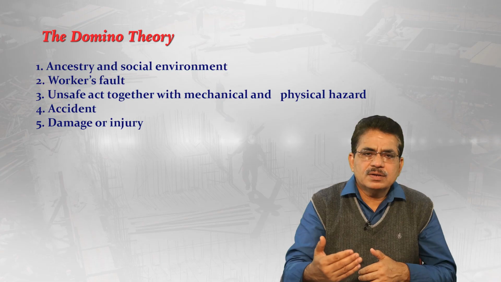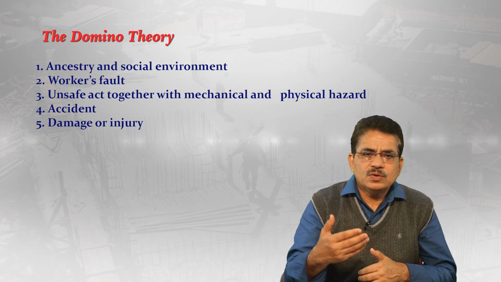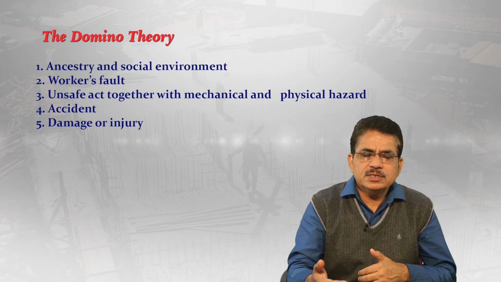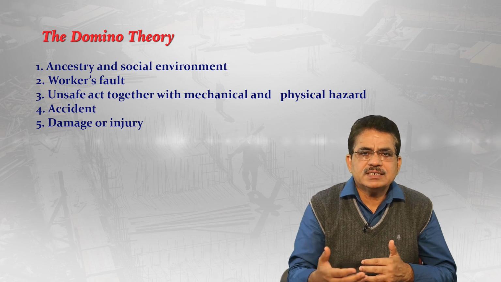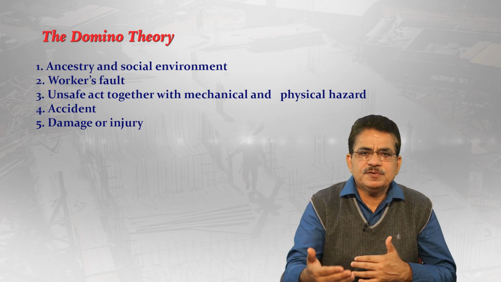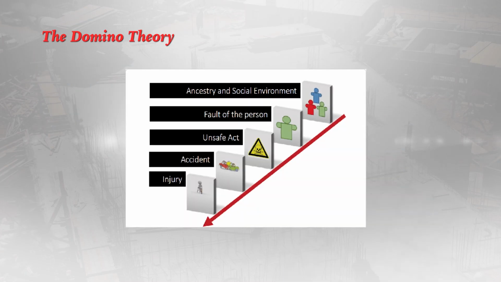Then this will cause the accident. Then what will result from this? It will result in damage or injury. So, this is the sequence of the accident factors: what happens first, what happens next, and what happens after that.